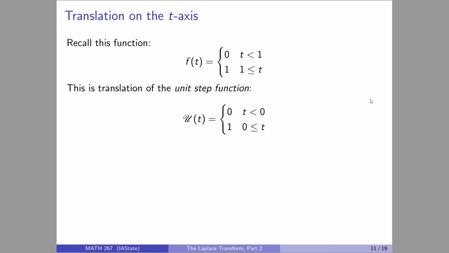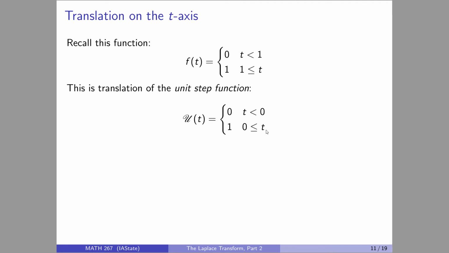It's actually a translation of something called the unit step function, or the Heaviside function. So the function that is 0 up until 0, and then 1 from 0 and beyond. Heaviside is actually somebody's name. It's not like the function has a heavy side.